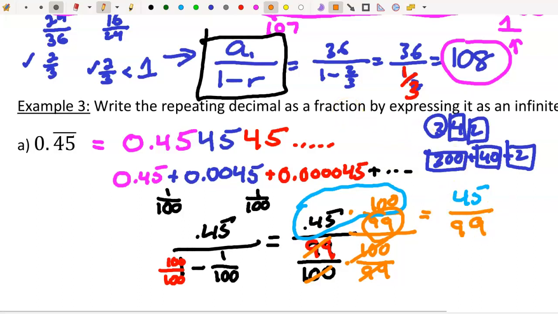And the nice thing about this is that you could always take a calculator and punch in 45 divided by 99, and you'd get 0.45454545 and so on. If you don't already know this, often when you divide by 99s, 9s and 6s and 3s, that's when you get the 0.3 repeating, the 0.6 repeating, the 0.9 repeating. So a lot of repeating decimals come from denominators with 3, 6, and 9s. Not always, but that's the fastest way to get a repeating decimal.